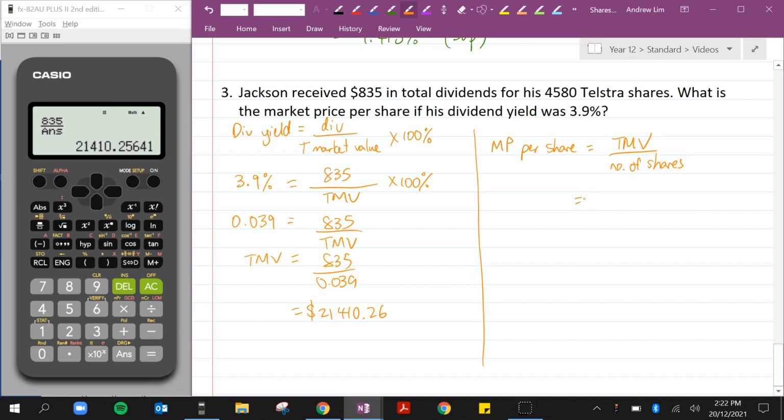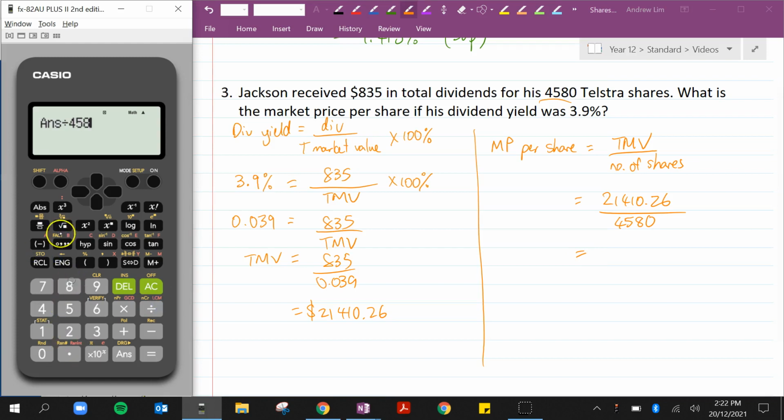I guess that is the formula. So total market value is 21,410.26 over our number of shares. He has 4,580 shares. So let's divide that through, giving us $4.67 per share.